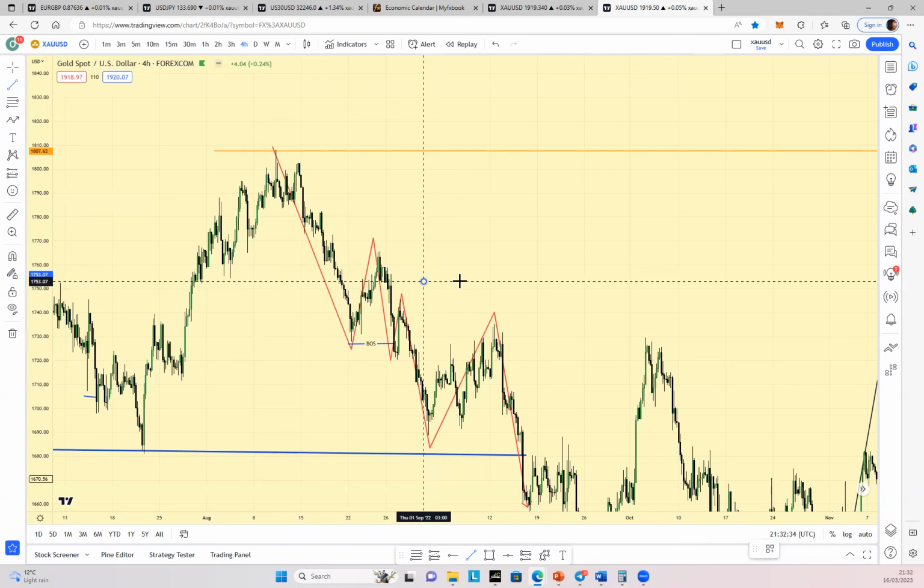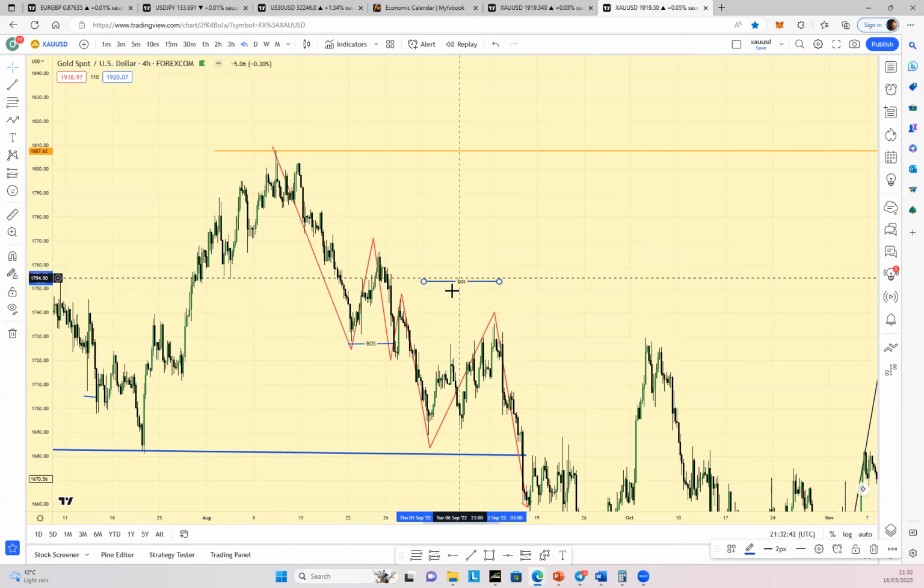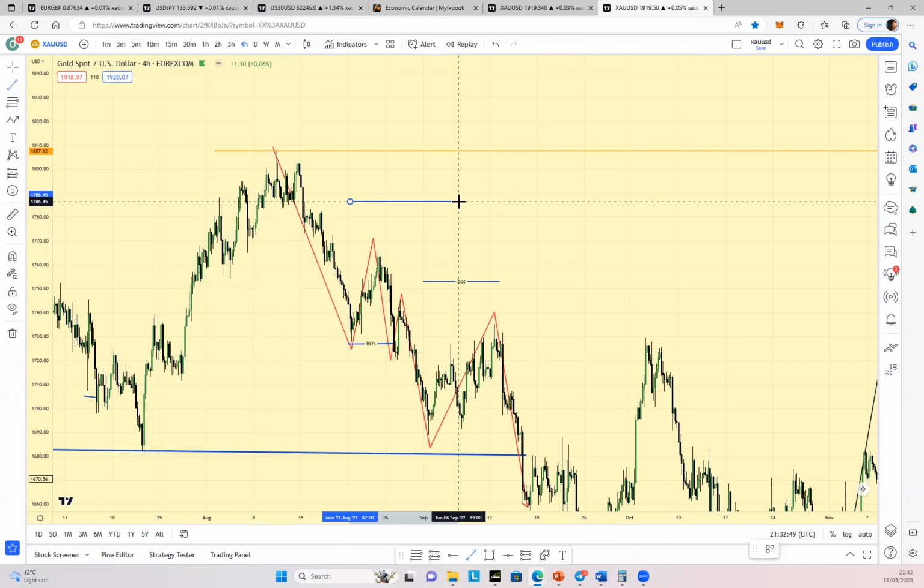So once you do that, when you draw a line like this again, you right click, you go to template, and then your BOS line should come out for you. I'll do that one more time. You want to get a line, and you want something written in the line.